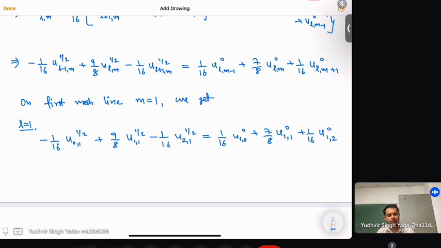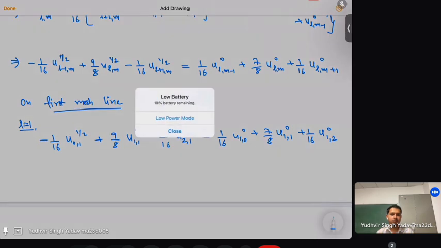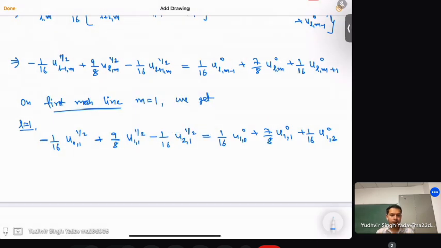Here what we have done, we have taken the first mesh line, fixed m equals to 1, and then we will keep on changing the values of l, or the nodal points in the x direction.